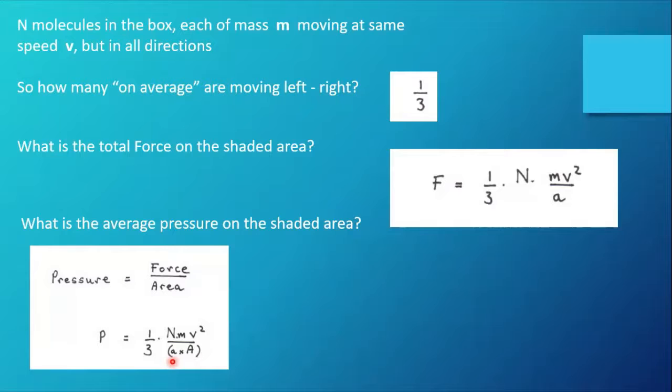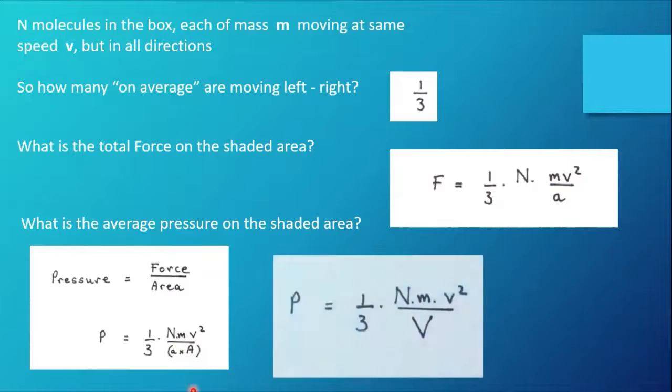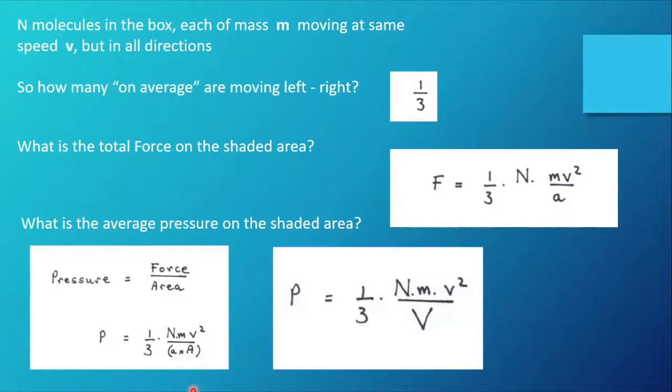And what is little a times big A? Yes, that's right, it's the volume. So let's say P, the pressure, equals 1/3 nm v squared over V. Now be careful, this is small v, which is the speed squared, and big V is the volume.